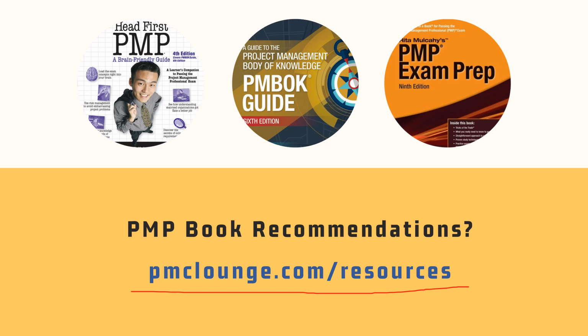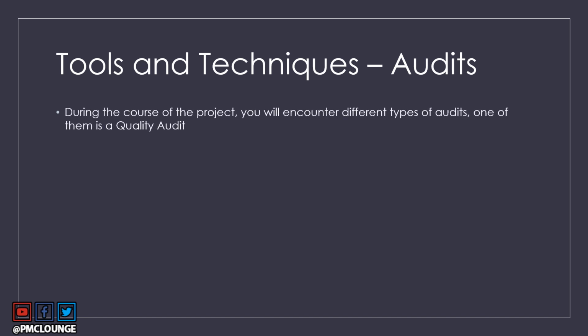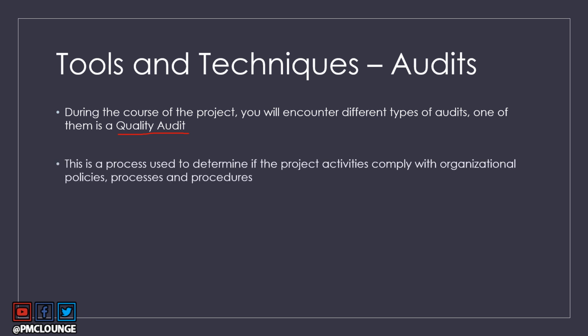So the next tool is audits. Now, during the course of your project, of course, you'll encounter different types of audits. There could be a procurement audit, there could be a quality audit, and that is exactly what we are talking about, the quality audit. This is a process used to determine if the project activities comply with organizational processes, policies, and procedures. Remember how in the beginning we talked about the functions of the managed quality process.